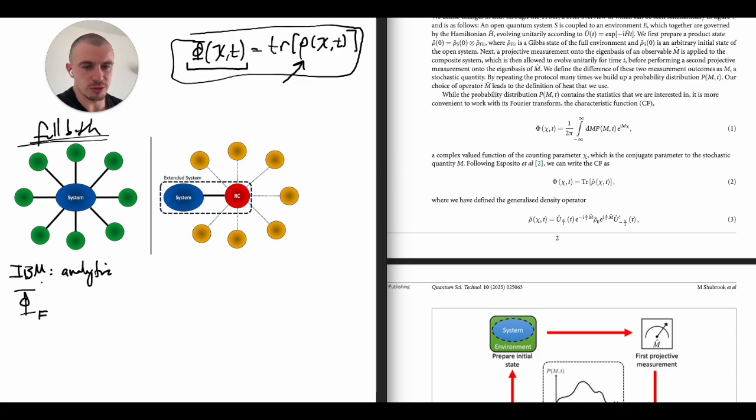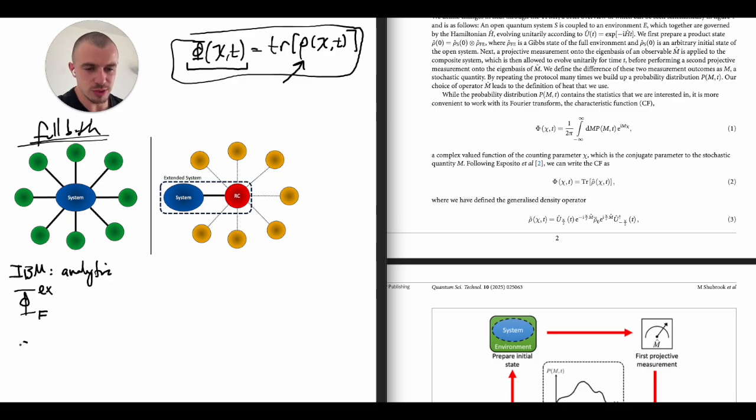And if we use these exact dynamics of the independent boson model, then we label our results like this. So this is the characteristic function which encodes statistics about changes in the full bath Hamiltonian using the exact dynamics of the independent boson model.